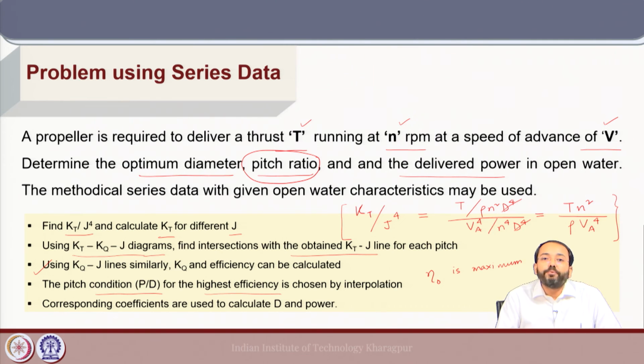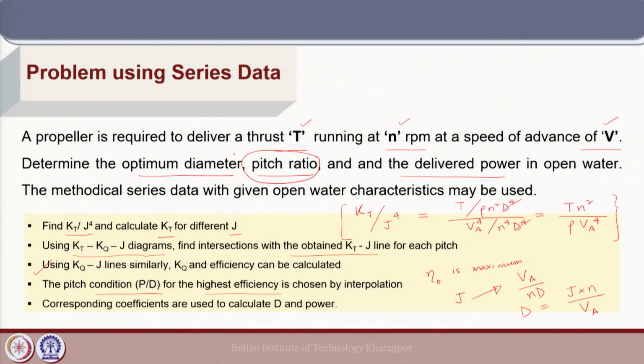Now, for that corresponding condition, if we calculate J, then using that J we can calculate the diameter, since J is Va by nD. So, the diameter is Va by nJ.